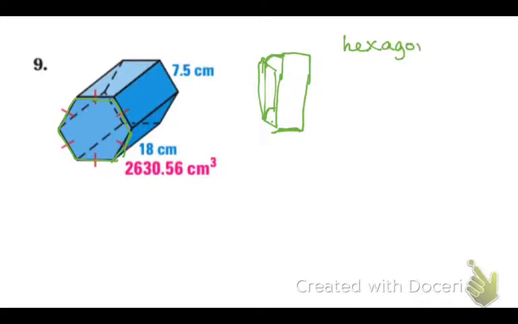Base is a hexagon. Okay, and we need to find our volume, which is the area of the base times the height. So this means we're going to have to find the area of the hexagon. And you guys have done this before, but this problem, we know that all these edges are 7.5.